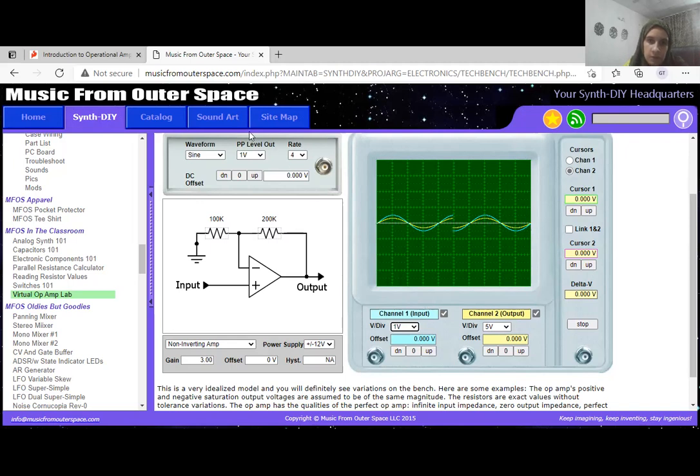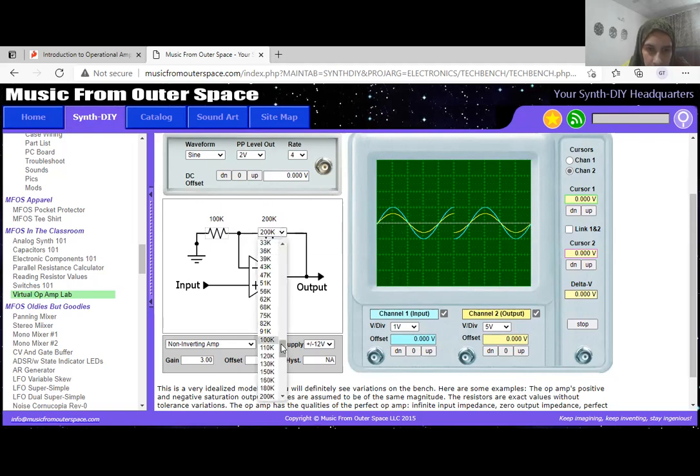So maybe this is not 1 volt. It's taking the peak to peak value. So you can see that there is an amplification happening here with a gain of 3.